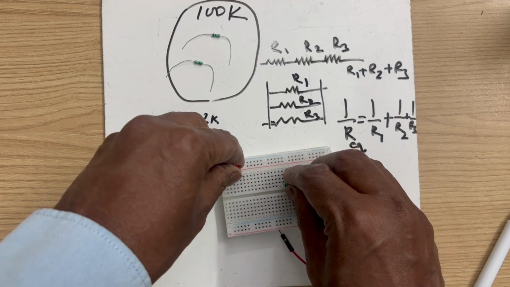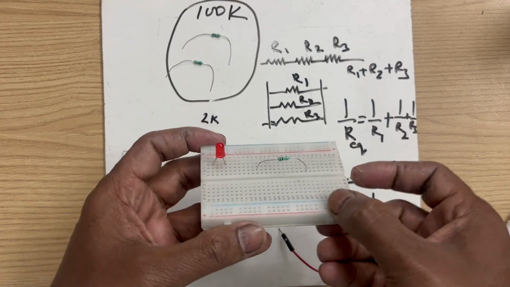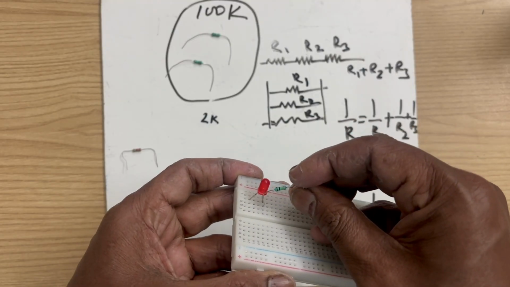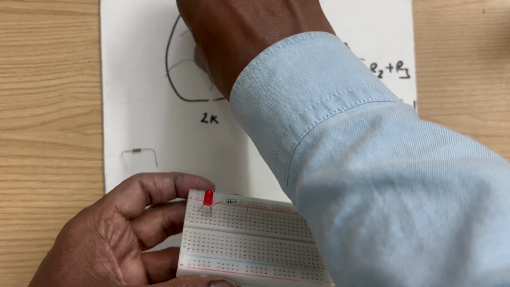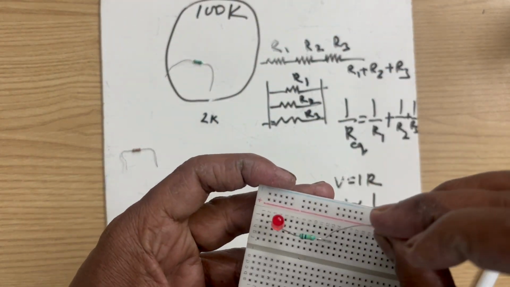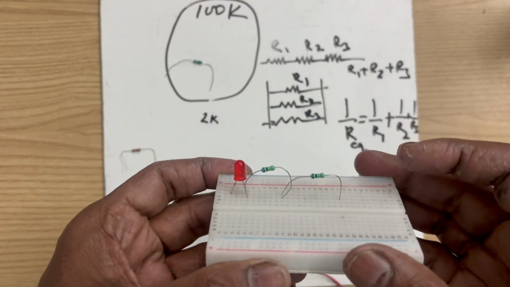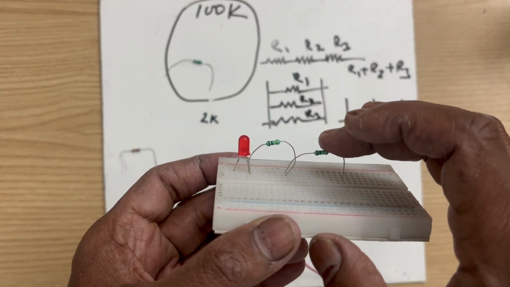This is a series, this is a 100K resistance. Let's add some more resistance. Put this LED here, so we have more room. So this is one resistance in series, 100K. 100K stands for 100,000, K is 1000, and add one more resistance in series. So now the circuit is like two resistances, R is equal to R1 plus R2.